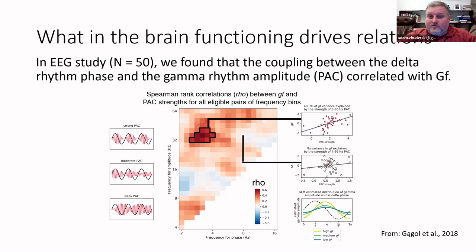But there was no comparable coupling in the theta band. So for faster slow oscillations, because of course we are talking about very slow oscillations anyway, if those very slow oscillations became a little bit faster, up to 7-8 Hertz, the relationship with cognitive ability completely disappeared.